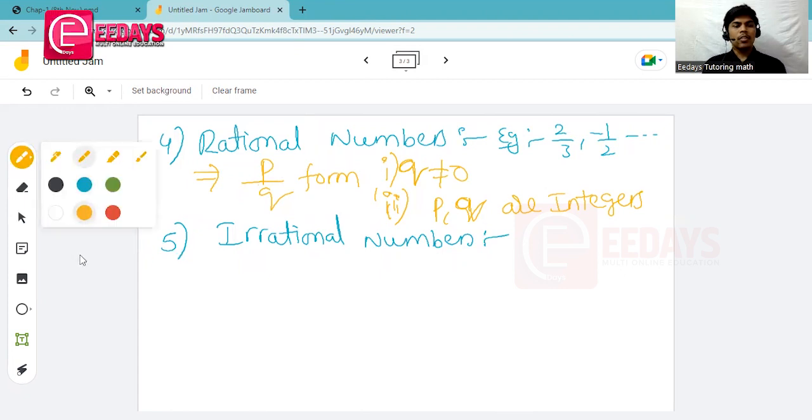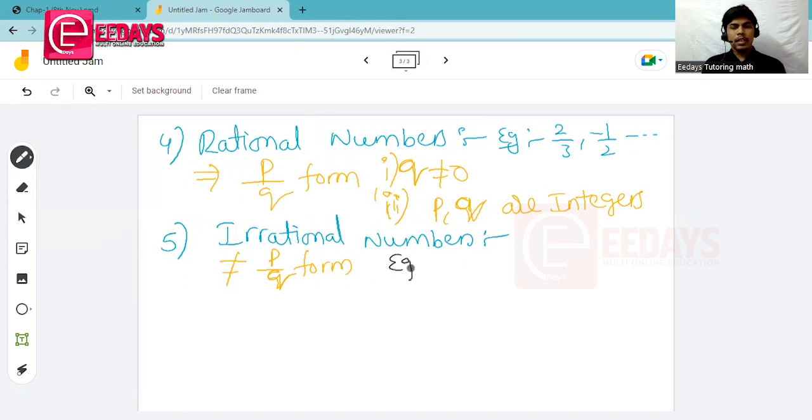Now let's recall irrational numbers. They are not in the form of p by q. Examples are root 3, root 2, pi, and 1.01 and so on.